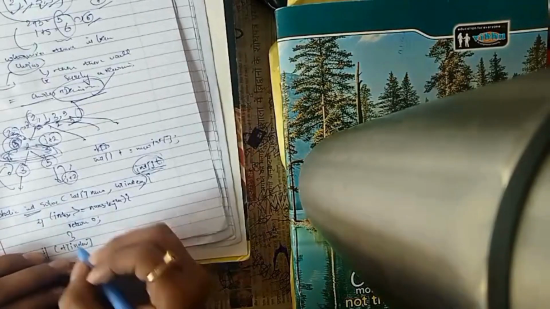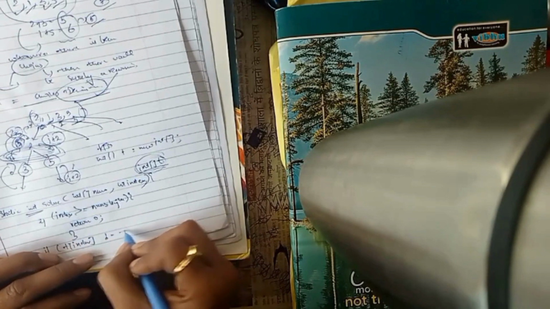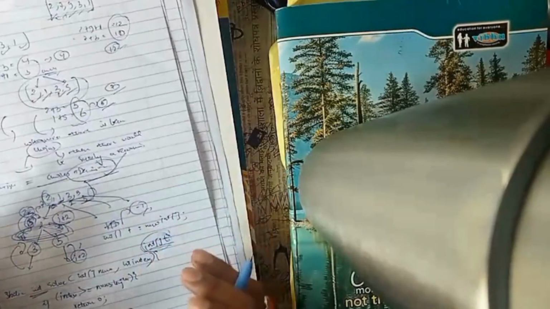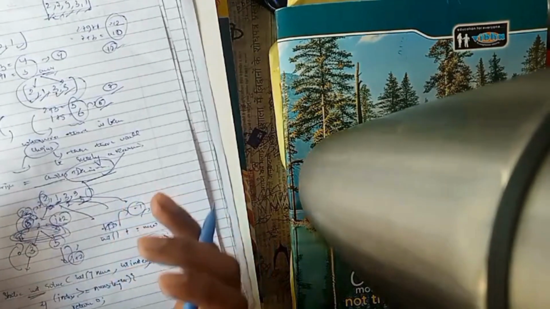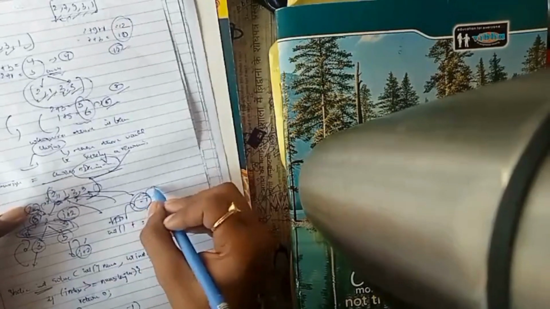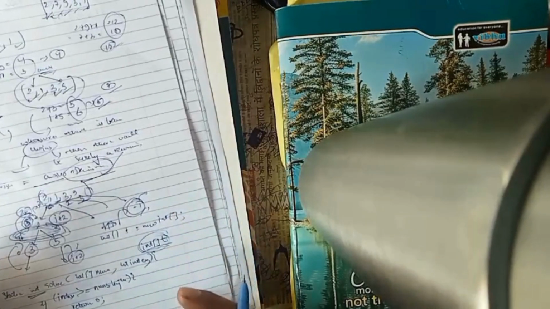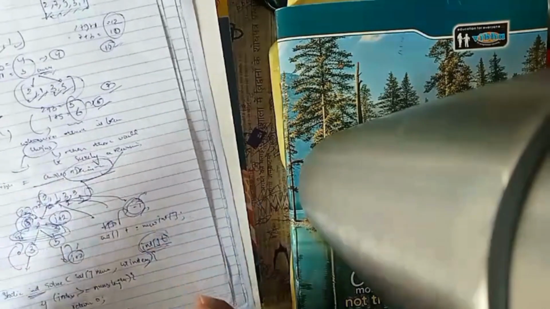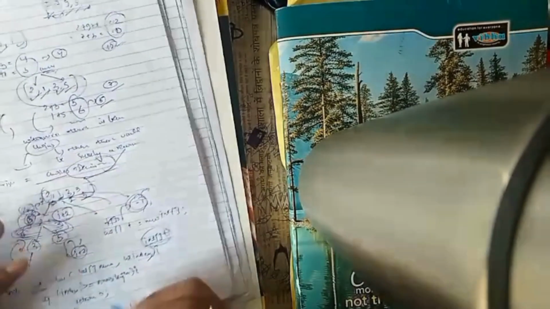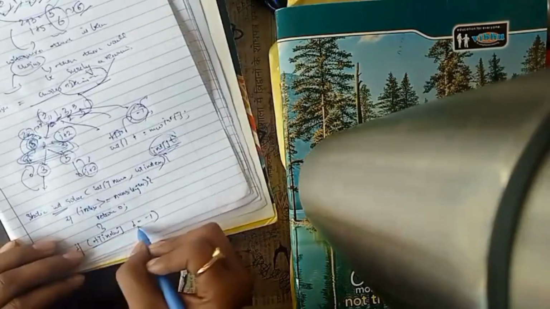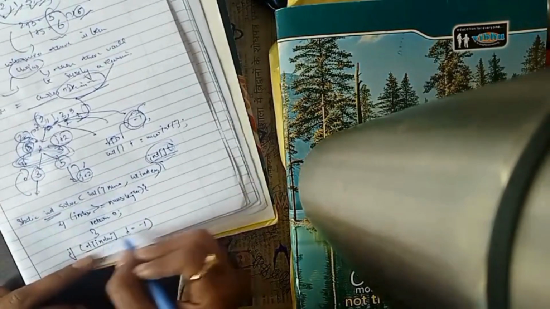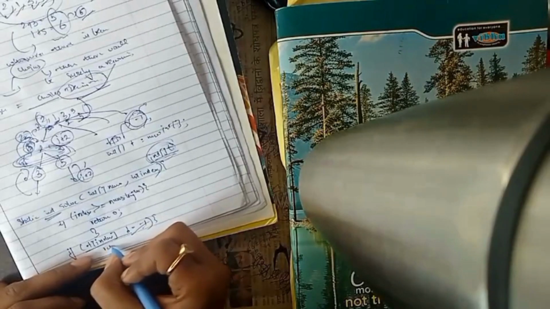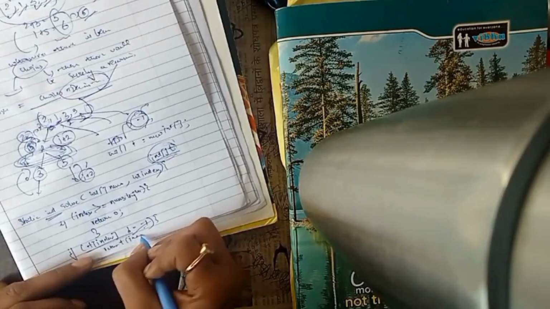If t of index is not equal to -1, initially we put -1, a dummy value, so that we can identify that this section has not been calculated yet. So this if check sees that if my index has already been calculated, then return t of index.